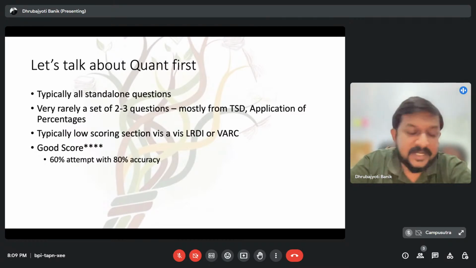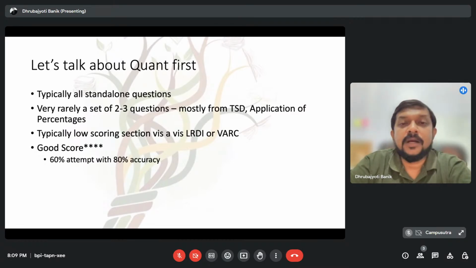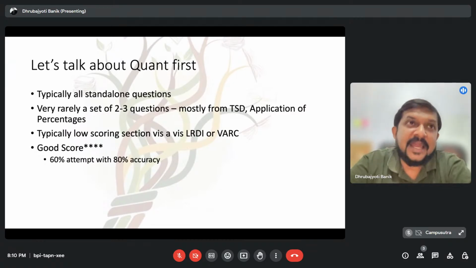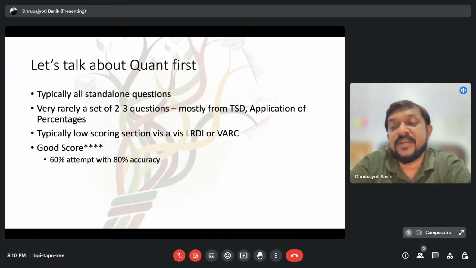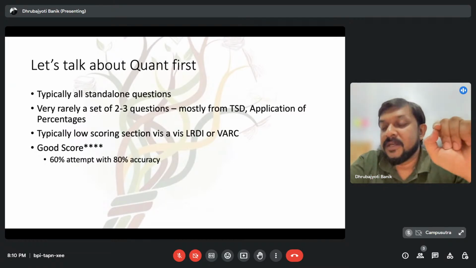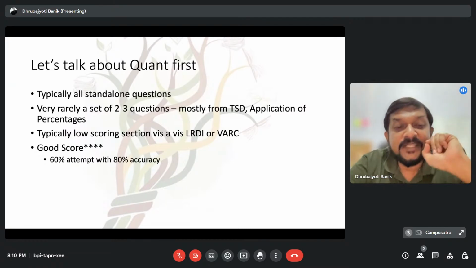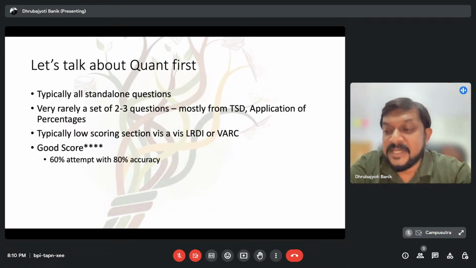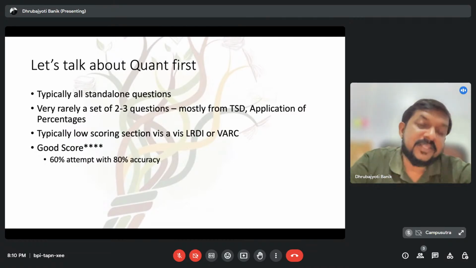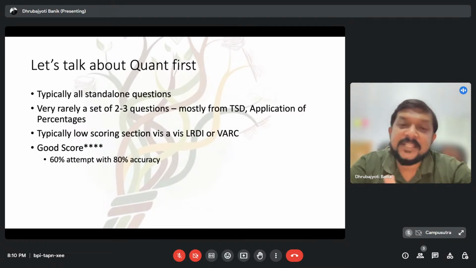I want to give it in percentages because the exact number of questions, etc., and the difficulty level of the paper gets revealed only on the day of the exam. So as of now, I don't want to put a number, but yeah, if you typically look into it, 60% of the questions with an 80% accuracy rate generally gives you approximately 90 plus percentile.